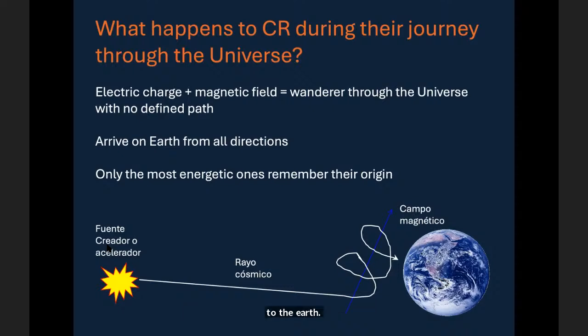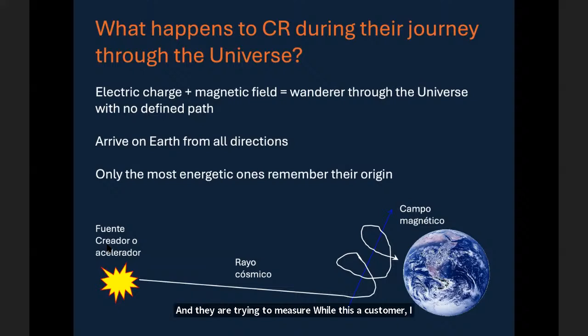The less energetic ones will be more deflected, and the more energetic ones may keep some information of where they were produced, because they are deflected by only a few degrees, depending on how far the source is. That's why there is this experiment in Argentina called the Observatory. They have different detectors in a kilometer square area, and they are trying to measure where these cosmic rays with the highest energies are coming from.